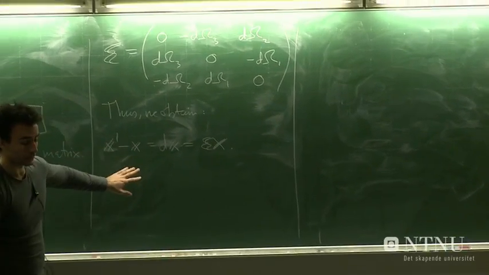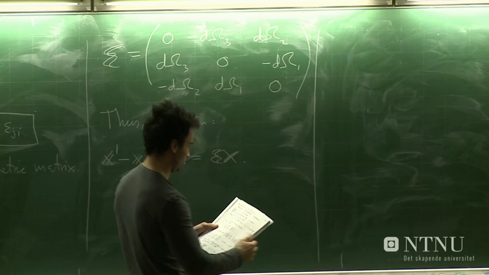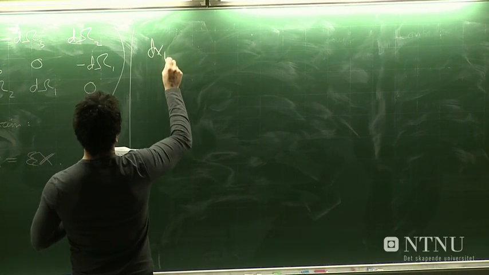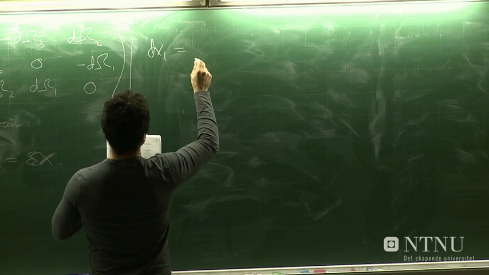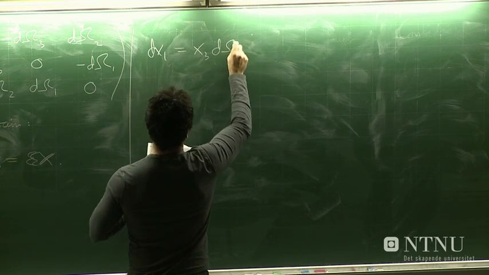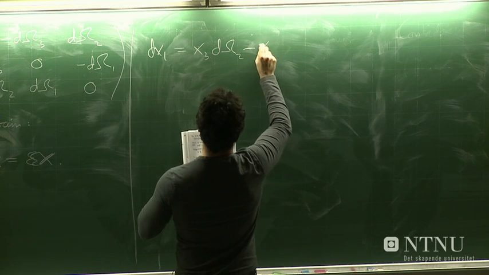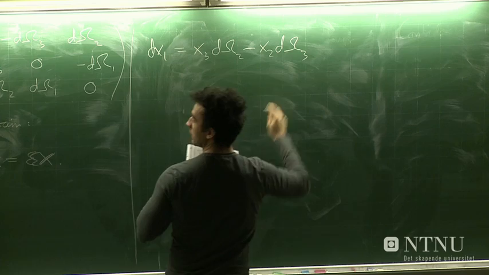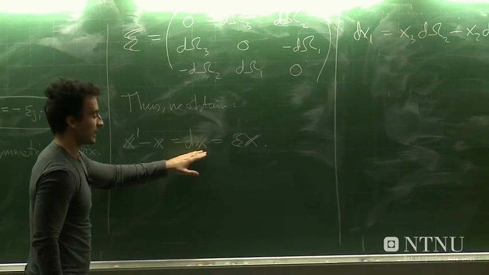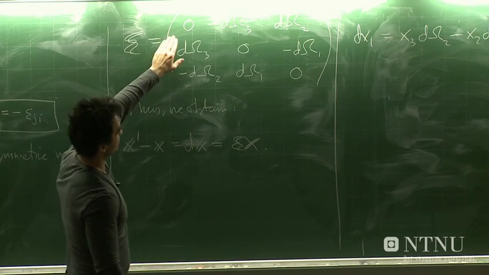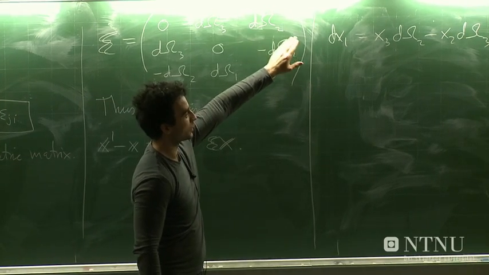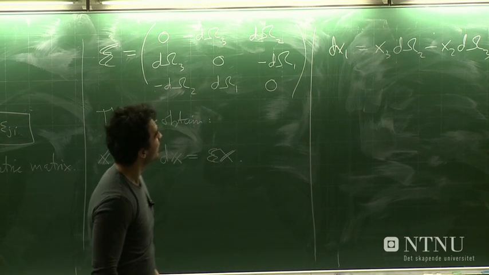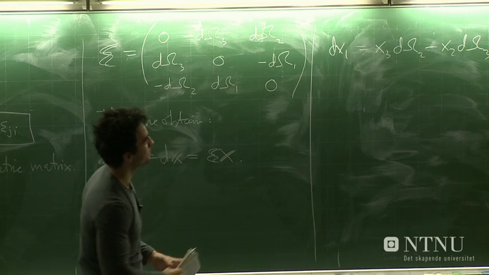All right, so let me try to write this out now. For the first element, dx1, I should take this row of epsilon and multiply it with x, which gives me that.